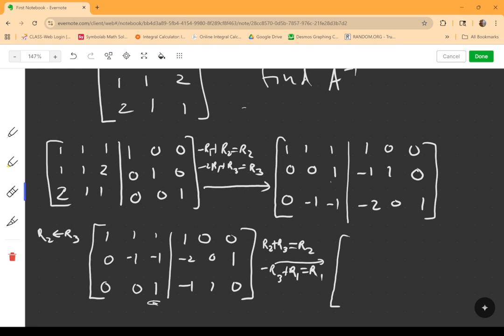In doing that, we zero out everything in that third column above the 1. So we get 1, 1, 0, 2, negative 1, 0, then 0, negative 1, 0, negative 3, 1, 1, and the third row, 0, 0, 1, negative 1, 1, 0.